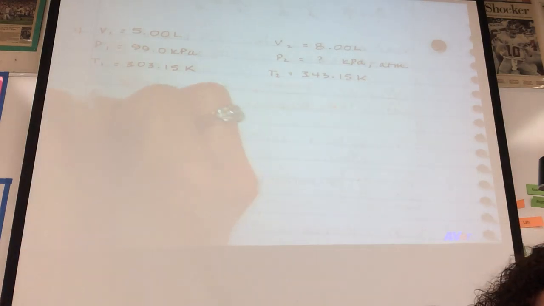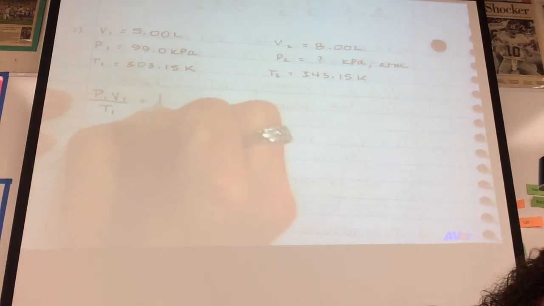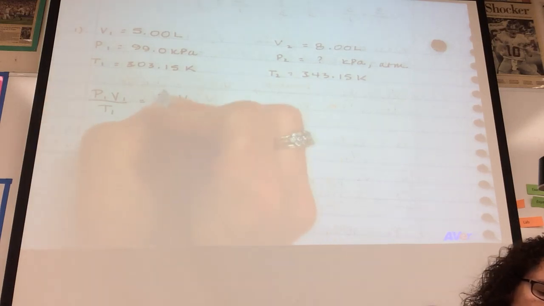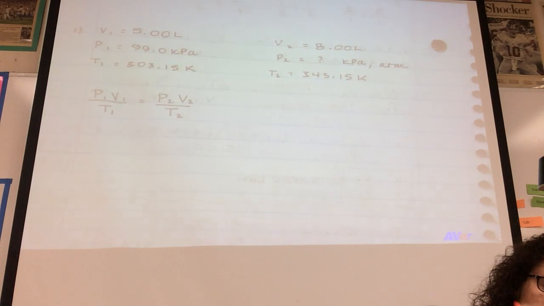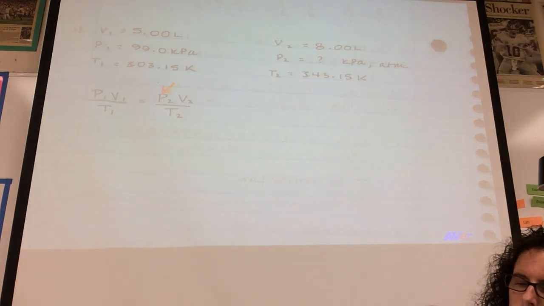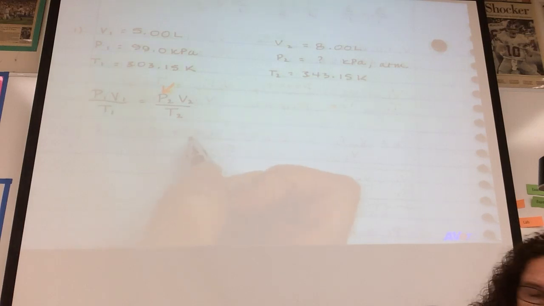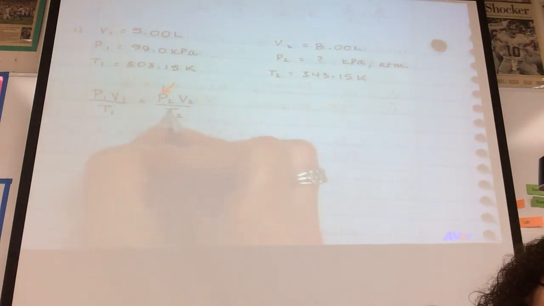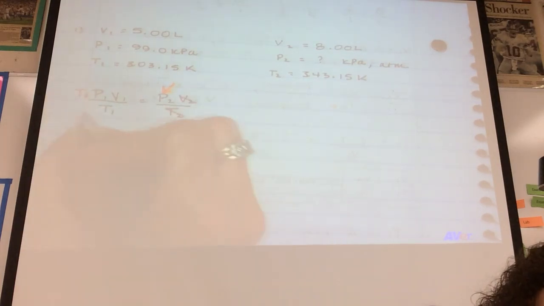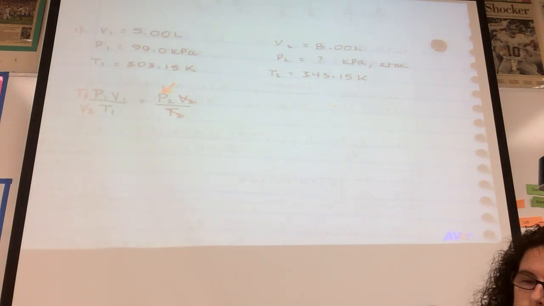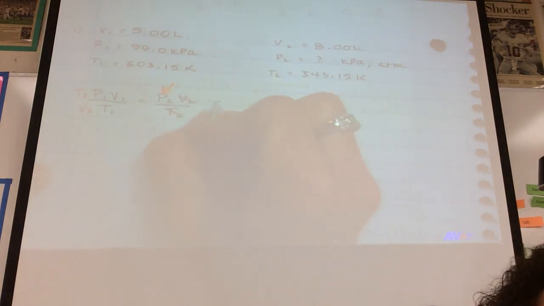My combined gas law formula is P1 V1 over T1 is equal to P2 V2 over T2. And I want to solve for P2. And again, you guys are all extremely strong in math, so the variable manipulation should be easy for you. T2's going here. Where does V2 go? You got it. Once you have your formula, you can just plug and chug.